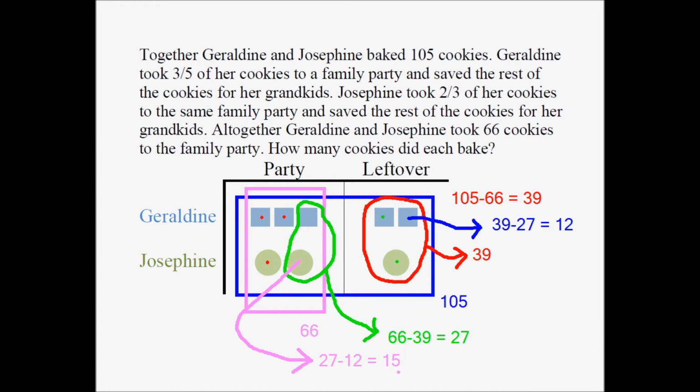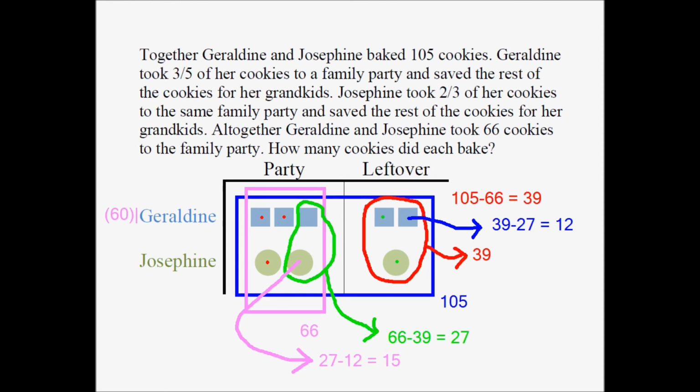So, how many cookies did Geraldine bake? Well, she baked 5 times 12, or 60 cookies. So let's put the answers here. Geraldine baked 60 cookies, and 60 comes from 5 times 12. 12 is the value of each square. She baked cookies that are equivalent to 5 squares.